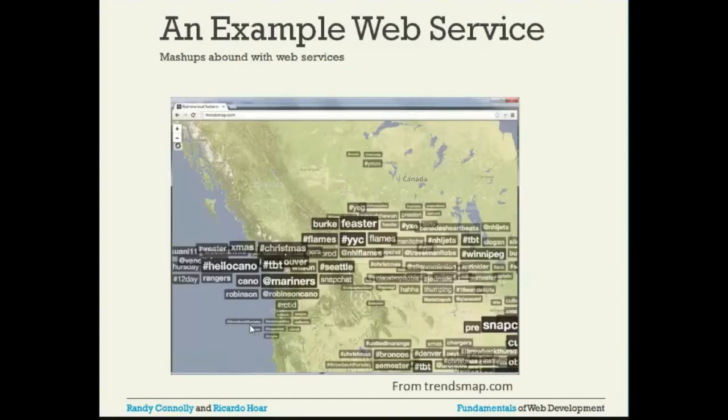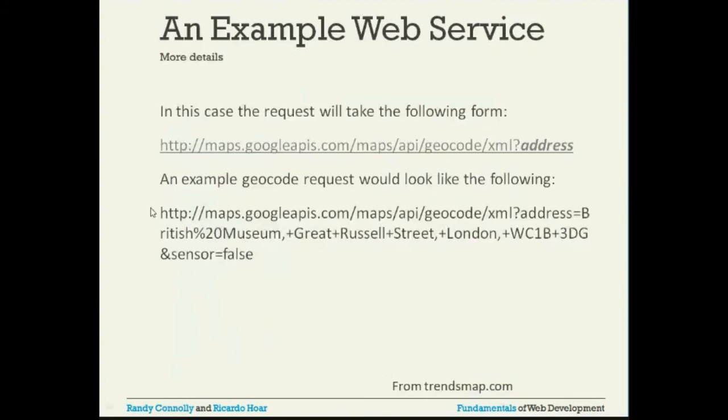This is another example. Here is how it can be used. In this case, the request will take the following form. This is how the RESTful web service request will be done. http://maps.googleapis.com/maps/api/geocode/xml, and then you give the address.